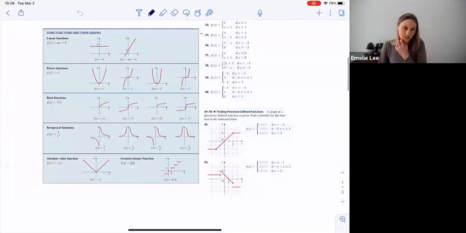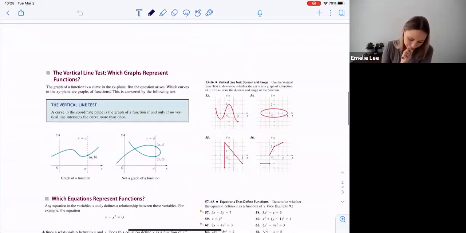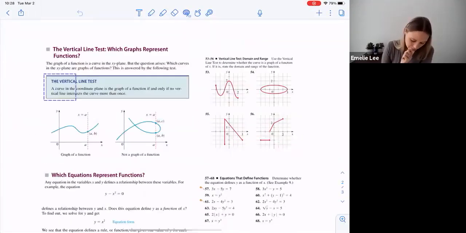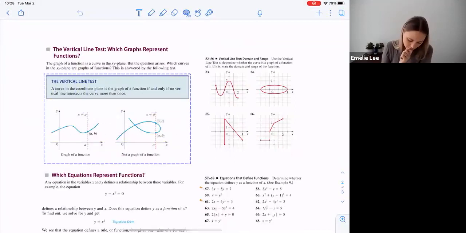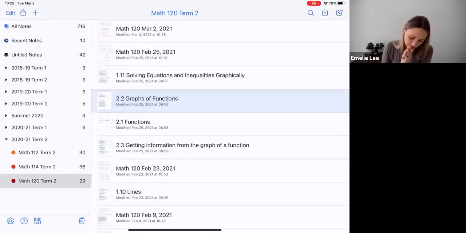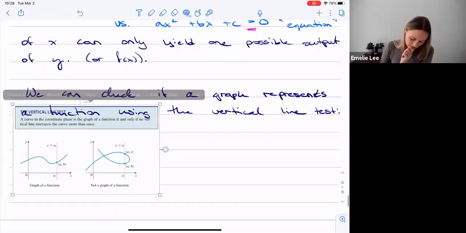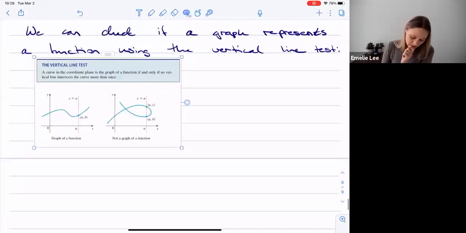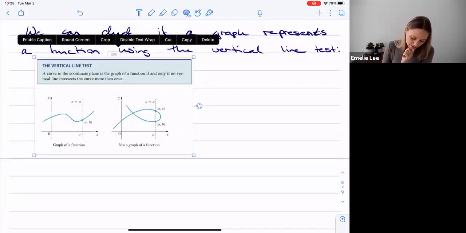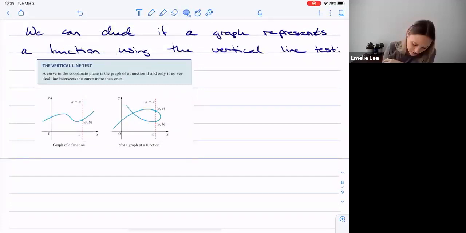So I'm going to bring in the vertical line test blur. And maybe this here. So the vertical line test, and maybe that's okay.